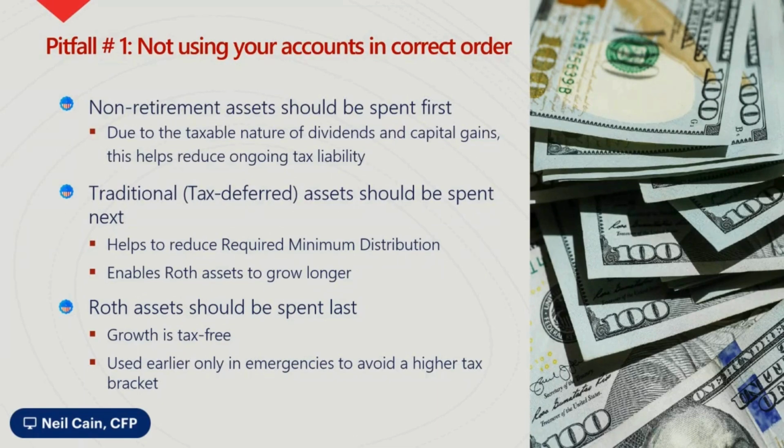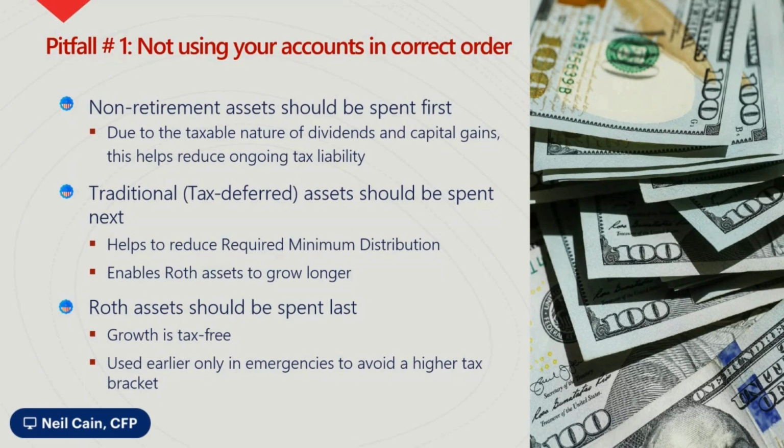Then we're going to follow that up by withdrawing from traditional tax deferred accounts next. We want to spend those down so we don't get hit with required minimum distributions, RMDs, in our mid-70s. And that is going to allow our other most coveted retirement account to grow, which is your Roth.